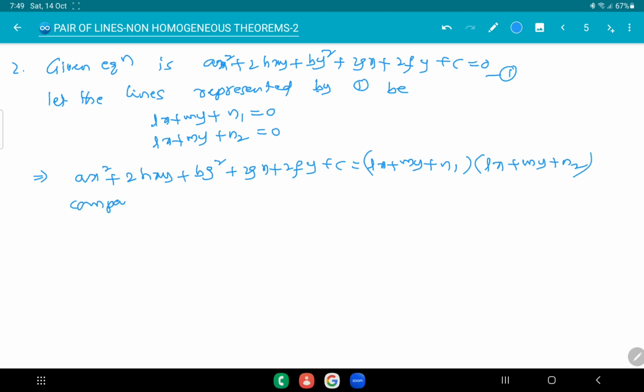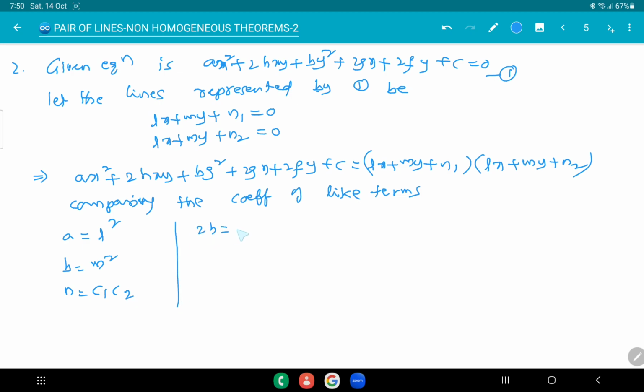Comparing the coefficients of like terms, what we did in the first theorem, the slight difference is that here the x square coefficient is l square only, y square coefficient is m square, c is equal to n1 n2, and xy coefficient is 2h, here it is 2lm. 2g is the x coefficient, it is l n1 plus l n2, so bringing l common, n1 plus n2. Similarly, the y coefficient is 2f, that is m of n1 plus n2.